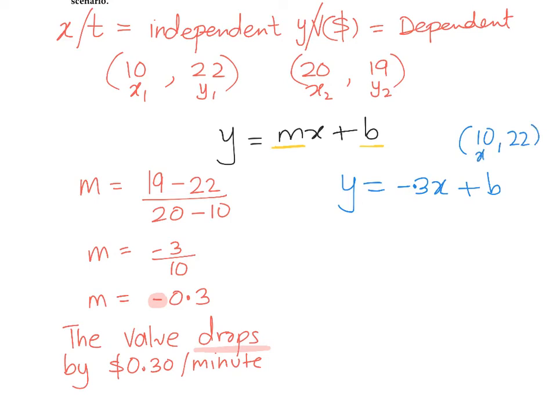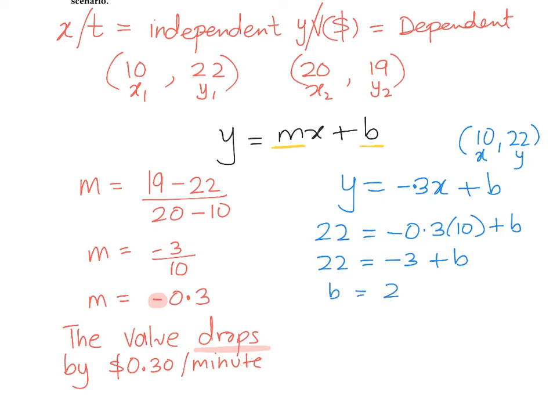So you're going to replace x with 10 and y with 22. So this is going to be 22 equals negative 0.3 times 10 plus b. So this comes out to 22 equals negative 3 plus b. Solving for b, bring negative 3 to the other side, it turns positive. So b equals 25.